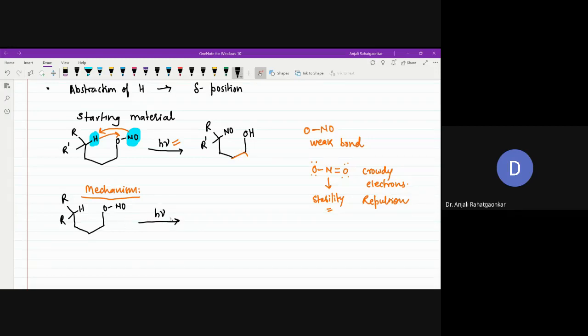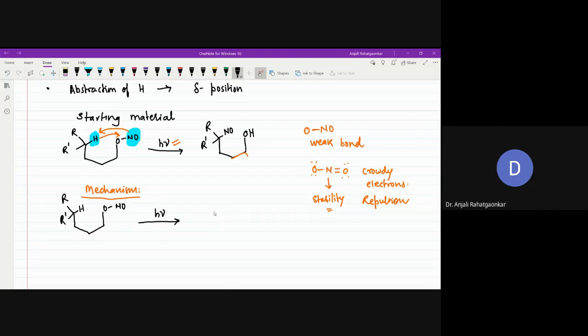Now after H nu, as I told you, this is a very weak bond because of the electron density. High electron density leads to repulsion in that particular moiety.